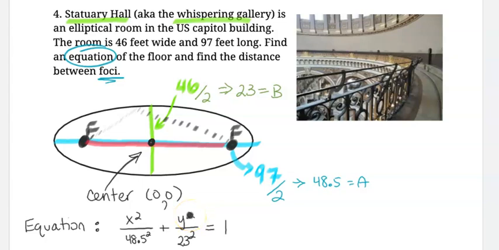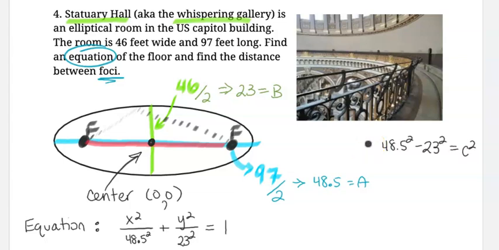Because I drew mine horizontally, that's why I made the x the major axis. But if you drew it vertically, I think that would be equally fine. This is one of those times where it wouldn't really matter which direction you made your major and minor axes. Now, either way, we need to take 48.5 squared and subtract 23 squared, and that's going to give us c squared.